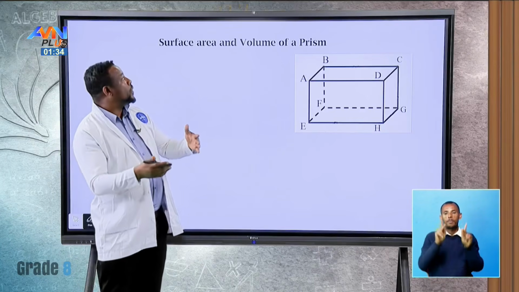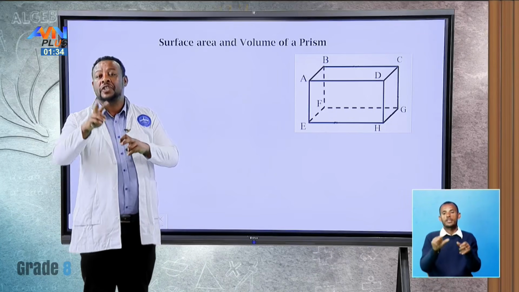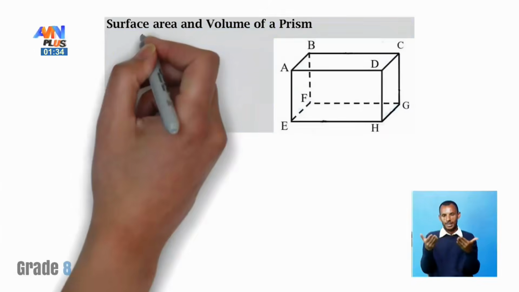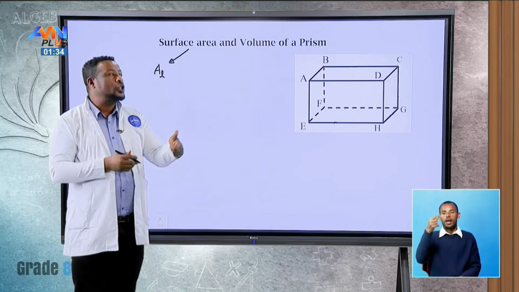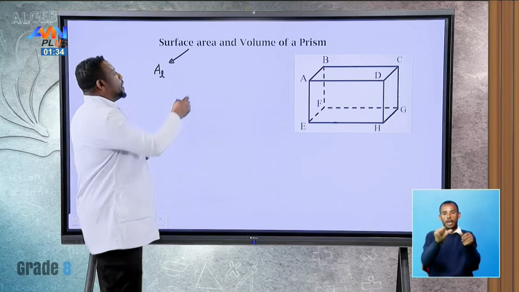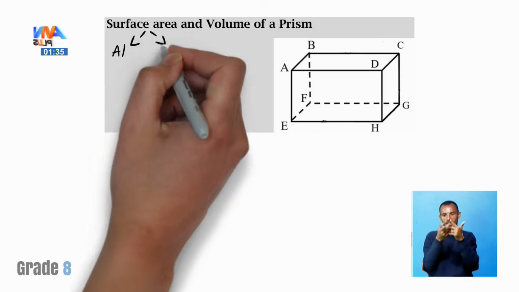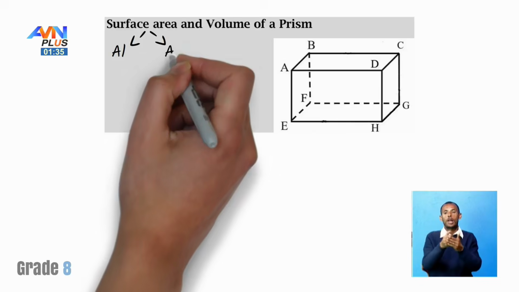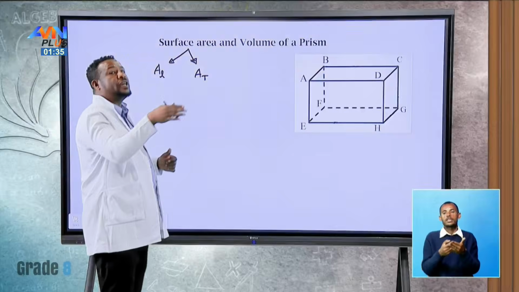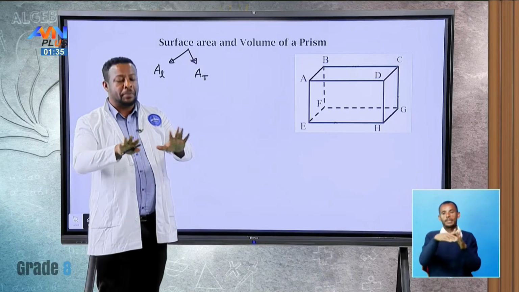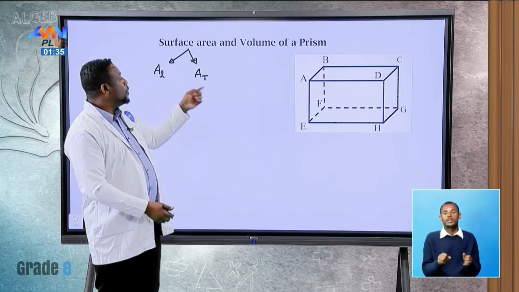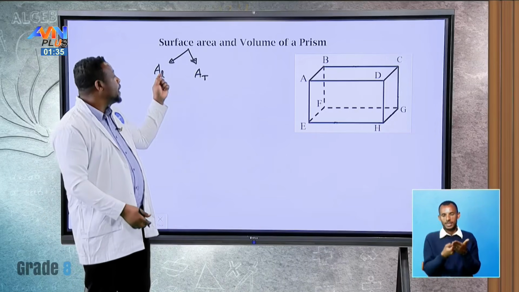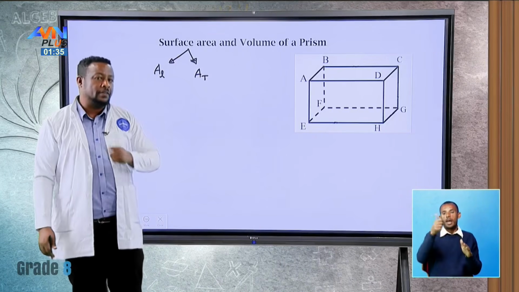Okay, whenever we say surface area, we need to differentiate two things. One of the area types is the lateral surface area, which is usually denoted by AL. The second area is the total surface area. Usually not only for a prism, for different solid figures, we use this notation to say lateral surface area and total surface area.